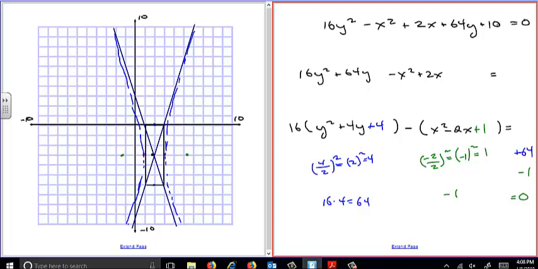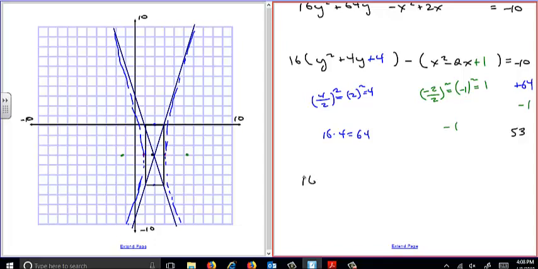So if we put plus 10 here, this becomes minus 10. And when you add all those three things together, you get 54, and minus 1 is 53. So this is 53, these three together.